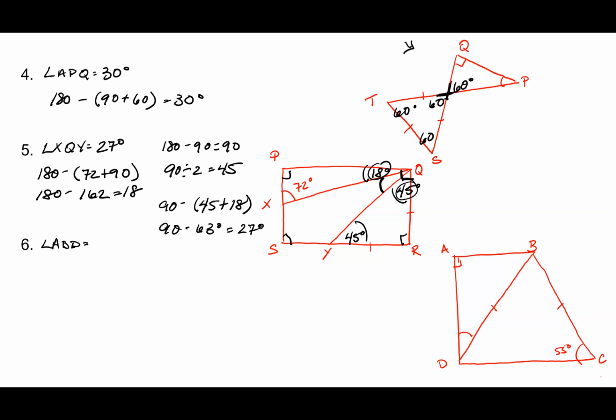All right, how about number 6, angle ABD? What do we have there? Calla, you gonna go for it? Okay, great job. Can you explain how you got it, please? I don't have this marked on mine, okay?